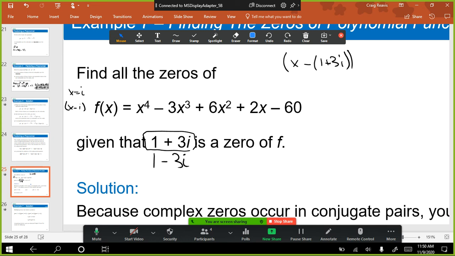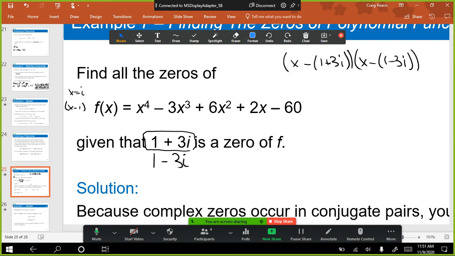The 0 of 1 plus 3i comes from the factor of x minus that complex number, right? Just like x equals i comes from x minus i. The 0 of 1 minus 3i comes from x minus that number, 1 minus 3i.